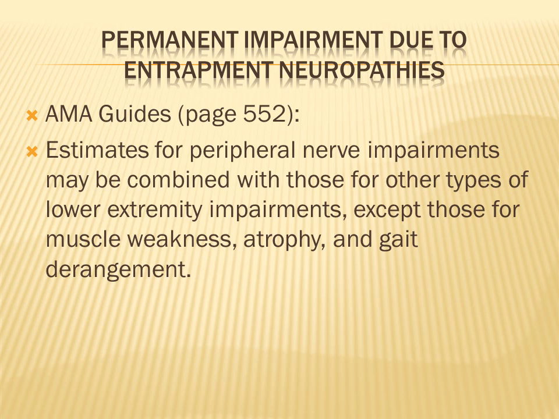Why do the AMA guides not allow peripheral nerve impairments to be combined with impairments for muscle weakness, muscle atrophy, and gait derangement? Well, the reason is that would be a duplication of impairments, because peripheral nerve lesions cause muscle weakness, cause muscle atrophy, and can cause gait derangement.